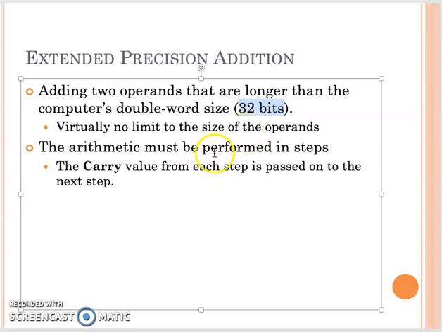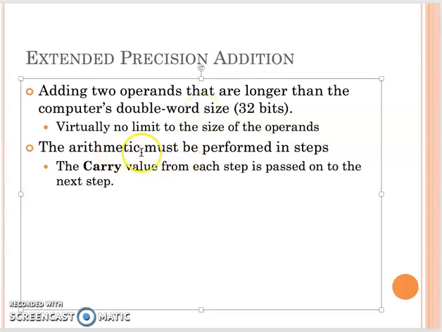That's what we call extended precision addition. When your maximum operand size is 32 bits and even that is not enough, we can add another 32 bits for the extended value.